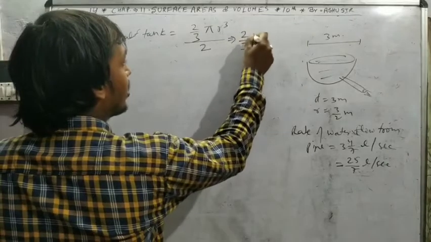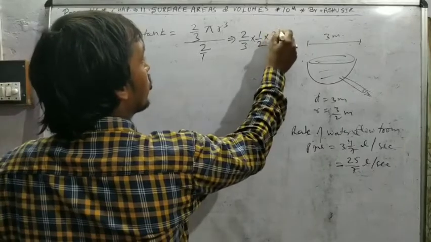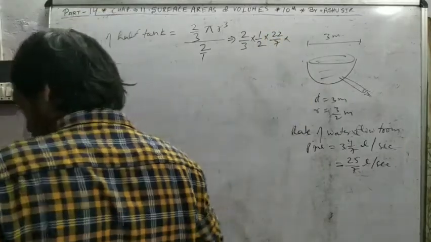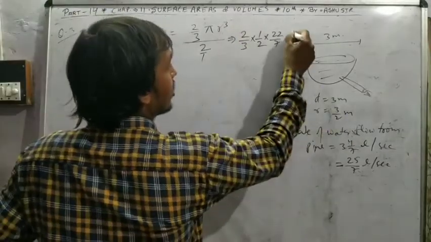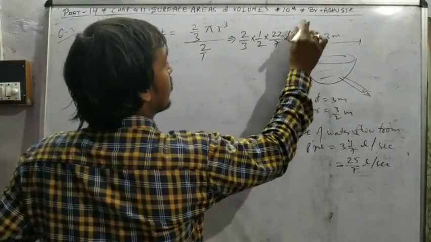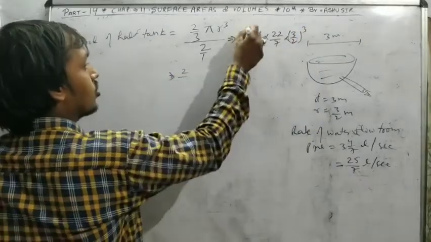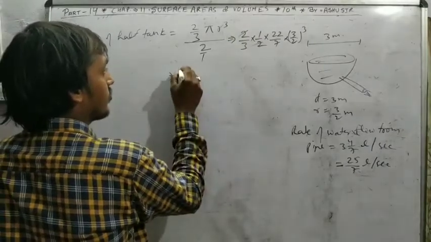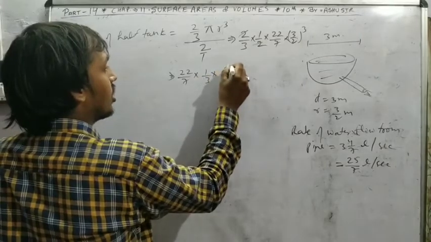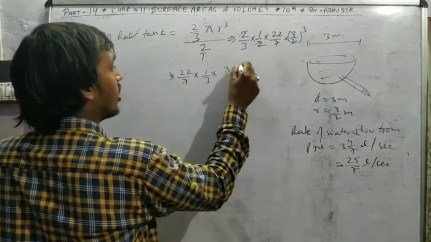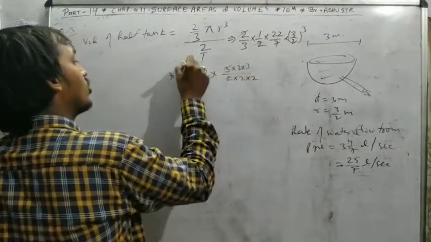So we can write 2 by 3 into 1 by 2 into 22 by 7, the pi value, and the radius 3 by 2 whole cube. 2 cancels. 22 by 7, 1 by 3, 3 into 3 into 3 by 2 into 2 into 2. 1 3 cancel, 2 11s are.